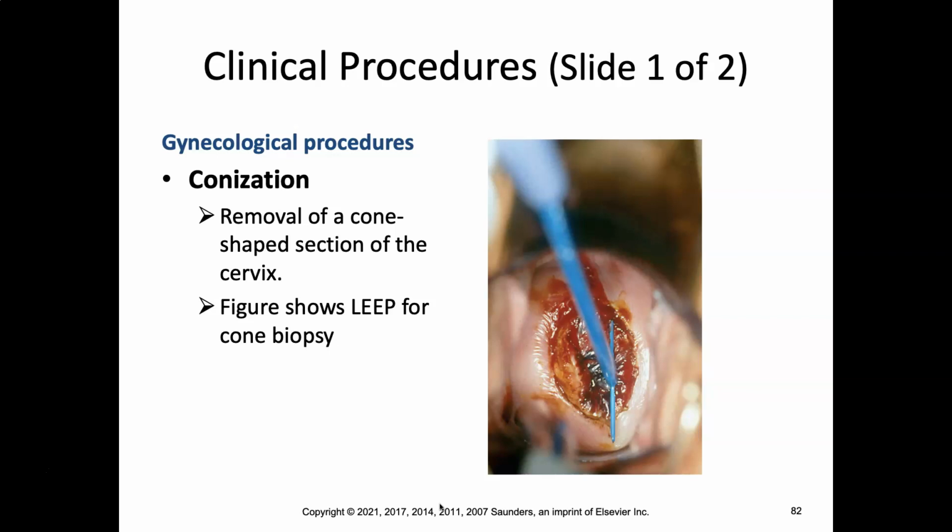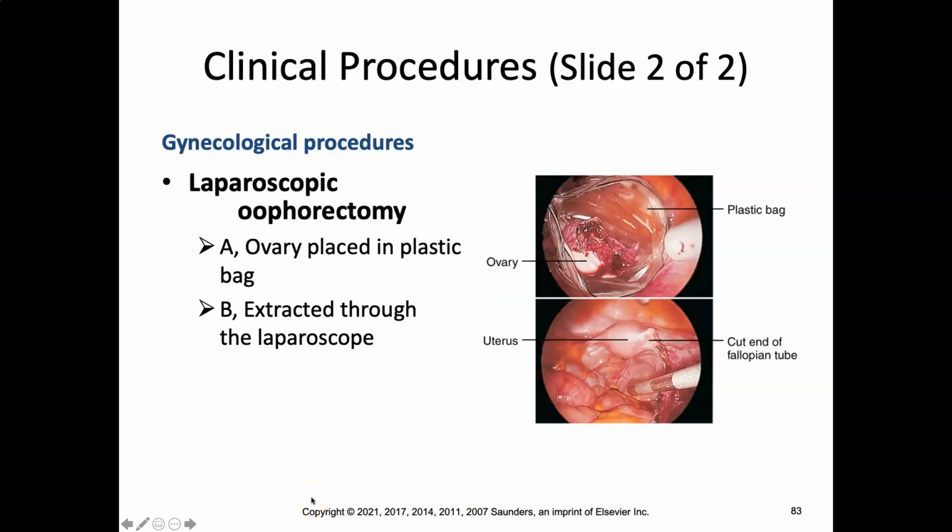This is a conization. This is removing a cone-shaped section of the cervix, and this is a biopsy usually done for cervical cancer. This is a laparoscopic oophorectomy.